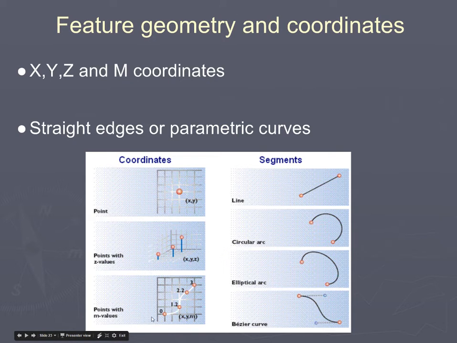These are used in dynamic segmentation, linear referencing, and things like routing, where you have measurement values between locations on a line. Lines can also be stored as straight segments, circular arcs, elliptical arcs, and parametric Bezier curves. So we have lots of different ways we can store our geometries and coordinates.